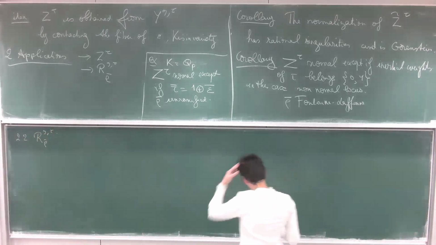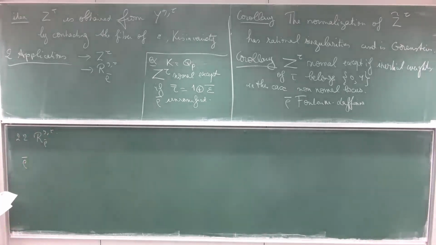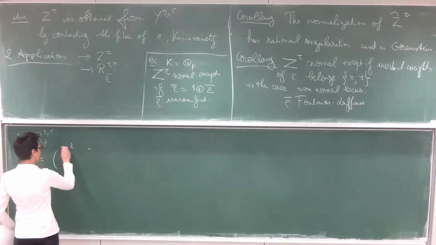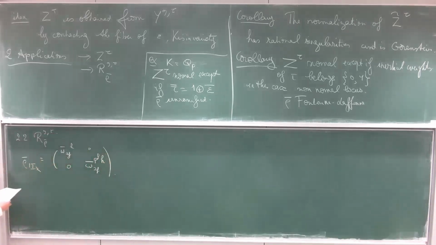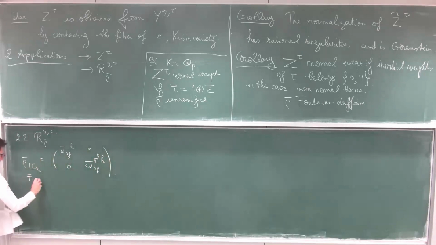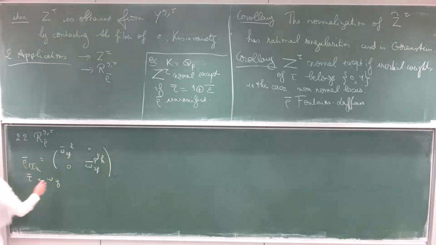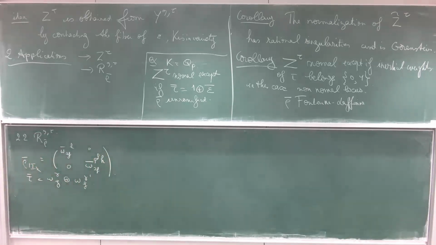So first, I need an irreducible Galois representation, a type, and before. So this is the old notation. Okay.